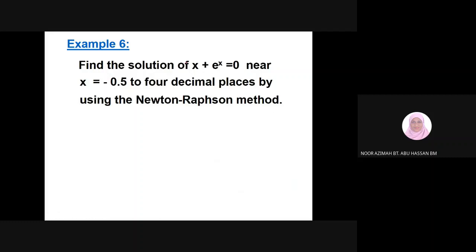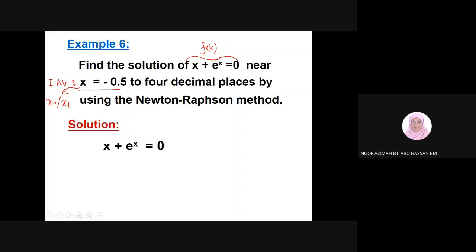You are given the function f(x) and x equals negative 0.5 as your initial approximation value. This is your x naught or x1. You could start with x naught, or you could also start with x1.